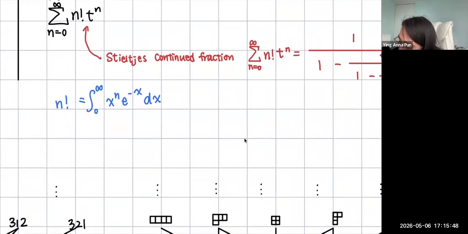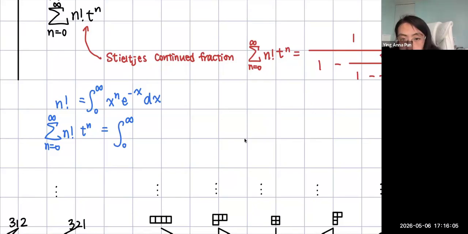So now if you use this fact, then the sum from n equals 0 to infinity of n factorial t to the power n is just the sum, and then you replace, so now I will have x to the power n e to the power minus x times t to the n.